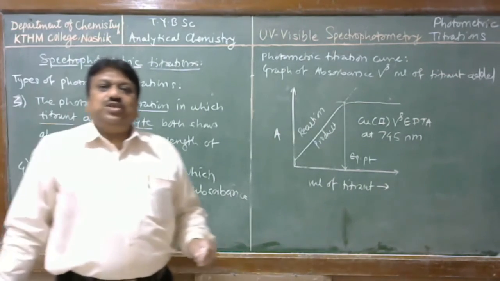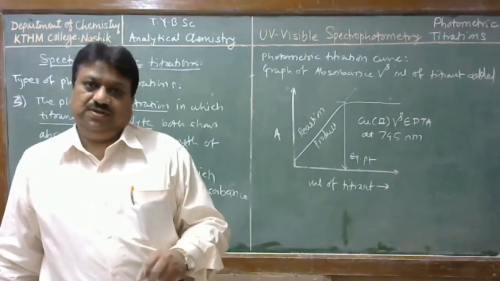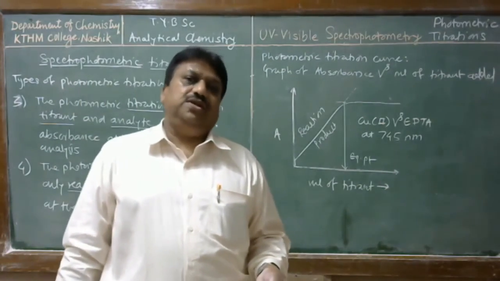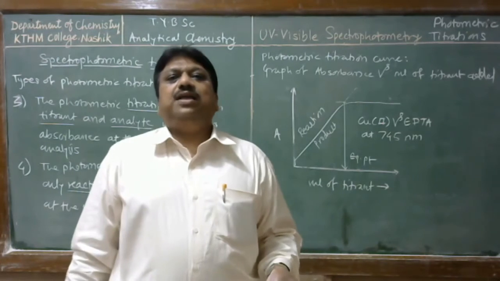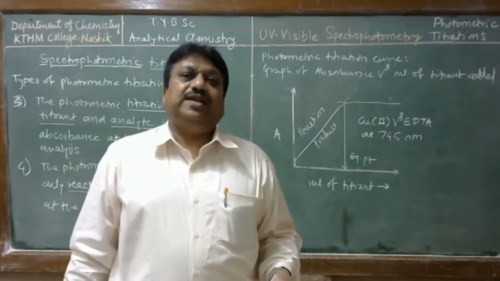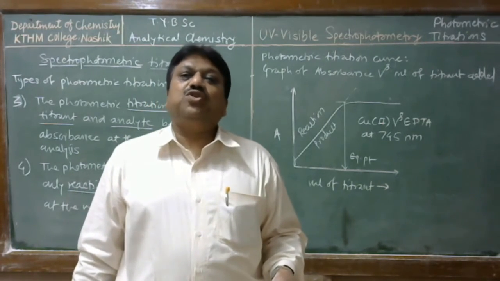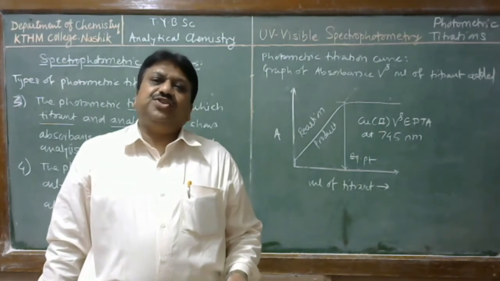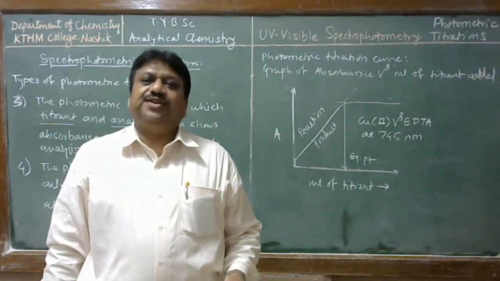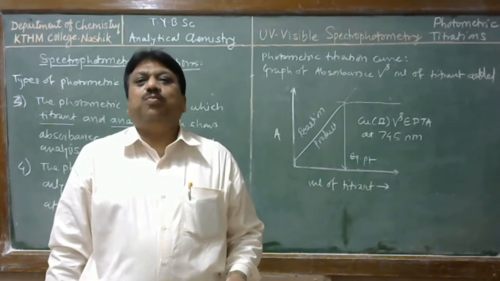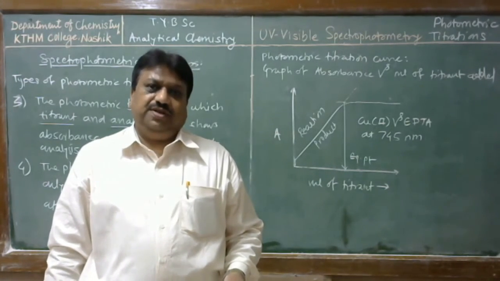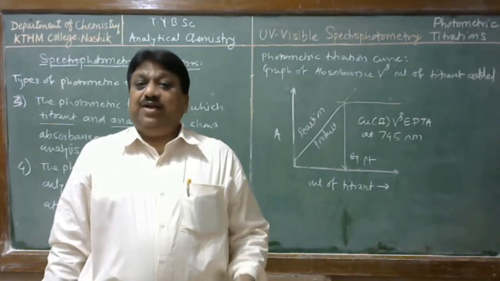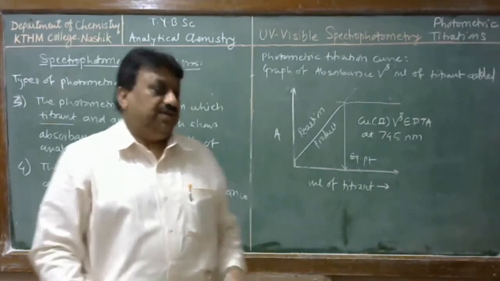In addition to these four main types, photometric titration is also performed for determination of a mixture of analytes. Students, we discuss here the application of photometric titration in determination of two or more metal ions in a mixture. That is a more advanced photometric titration.